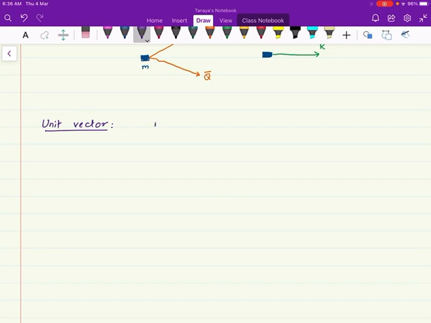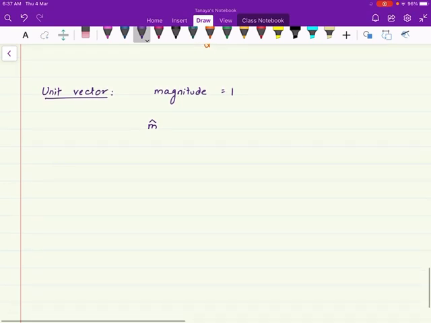So, the magnitude of a unit vector is 1. Unit means 1. Okay, and it is represented by a cap. If m is a unit vector, I will represent it with a cap over its head, m cap. Or many a time a unit vector is denoted by u, u cap.